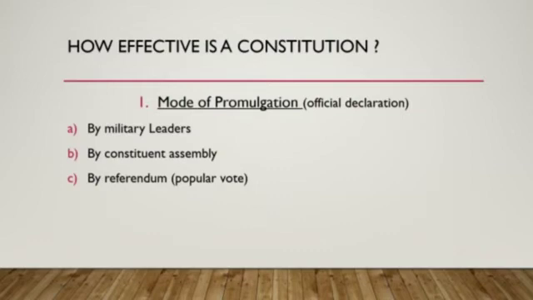We can take the example in this series, the Constitution of Australia and the Constitution of Russia are made by referendum. These three are mainly considered as modes of promulgation of the Constitution.